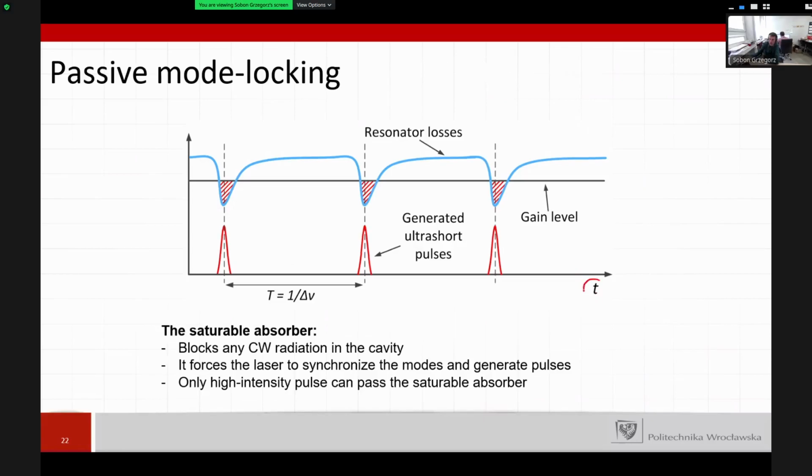So this graph shows the evolution of the gain and the losses and the output of the laser in time.